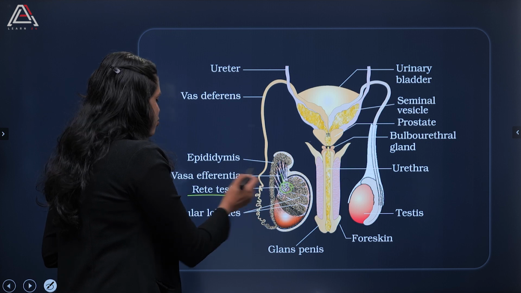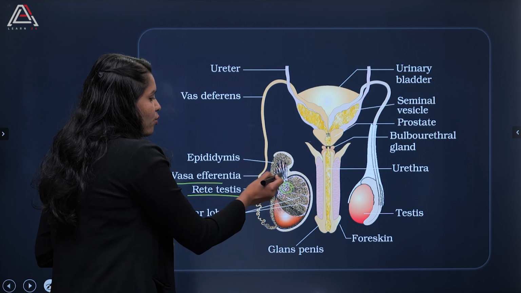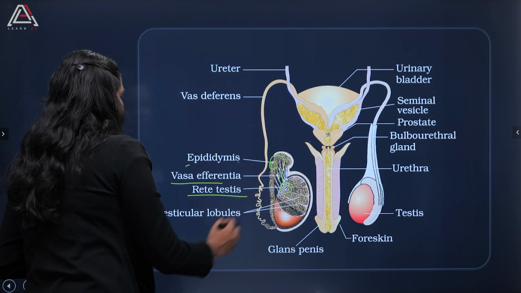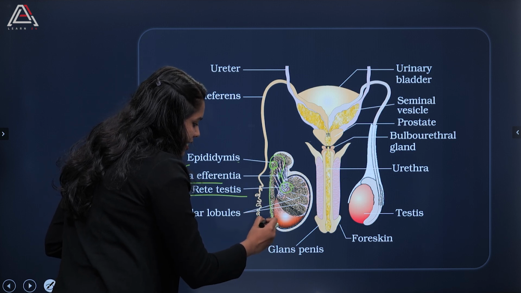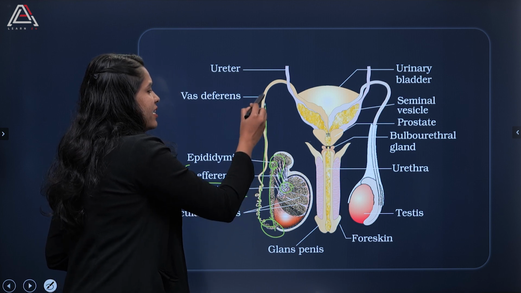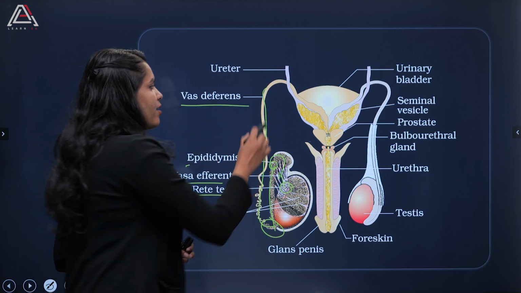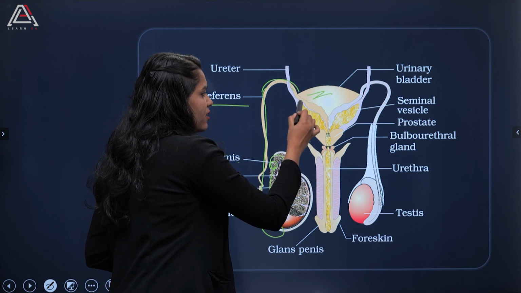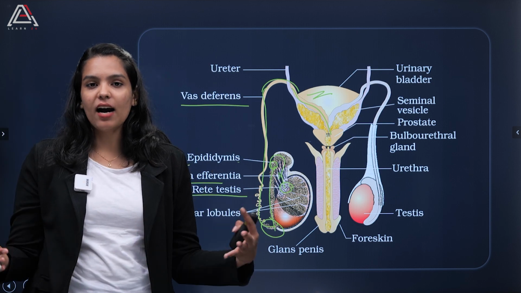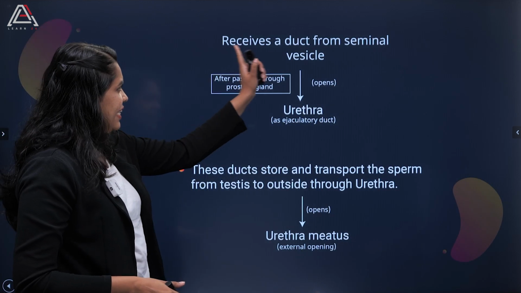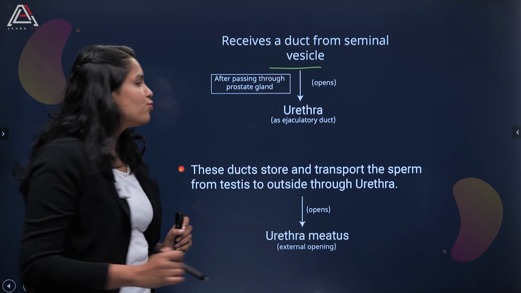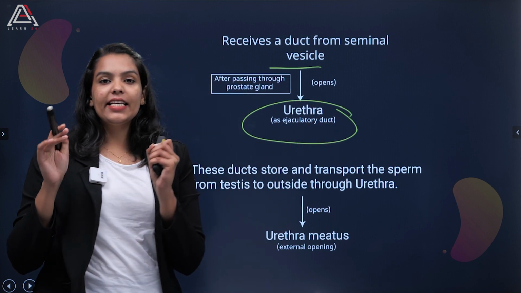Then it moves to vasa efferentia, goes outside and reaches the epididymis, then goes down, stays there for a shorter period of time, and then ascends through the abdomen through the vasa deferens and loops over the urinary bladder, and then it is exposed to a lot of ducts. It receives a duct from the seminal vesicle and finally opens to the urethra as the ejaculatory duct.